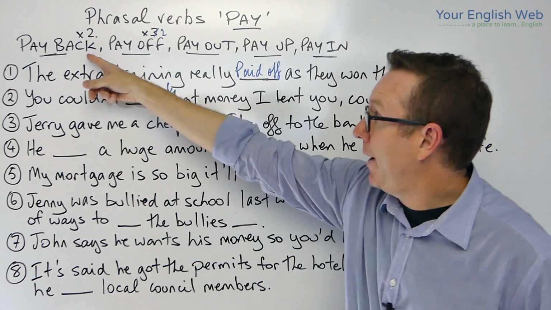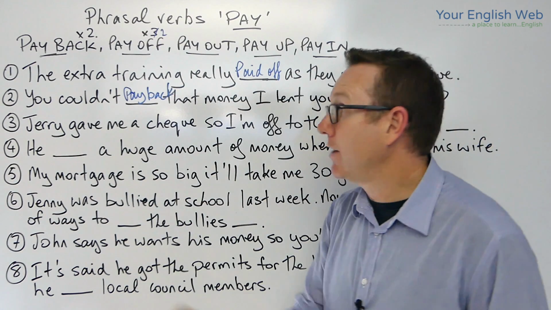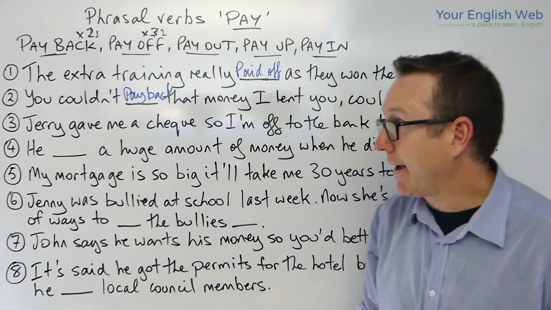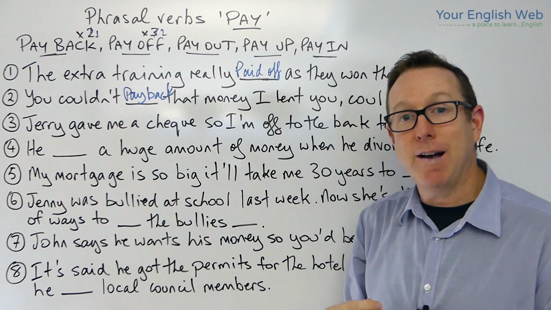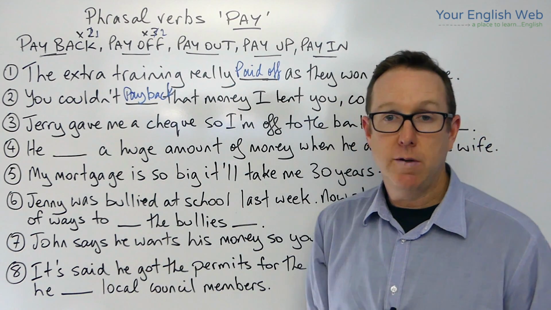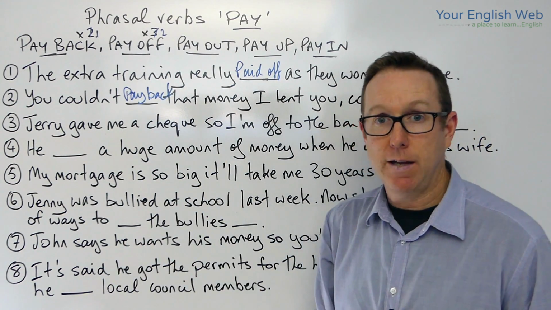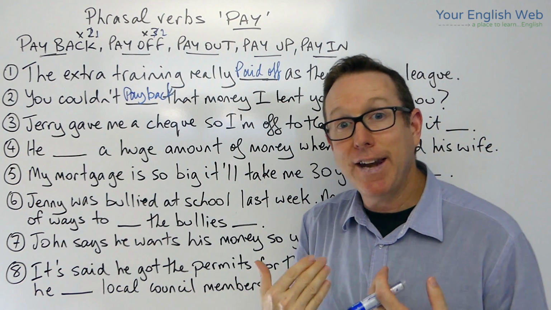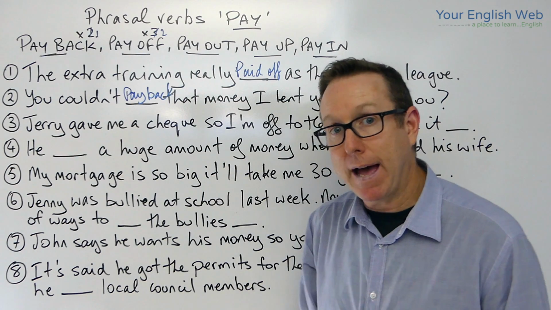So you couldn't pay back the money I lent you, could you? So we'll cross one of these off. We have one left with pay back. Now what this means is that somebody lent you some money. Somebody gave you some money. Or in this sense, I gave some money to somebody and I need that money back.